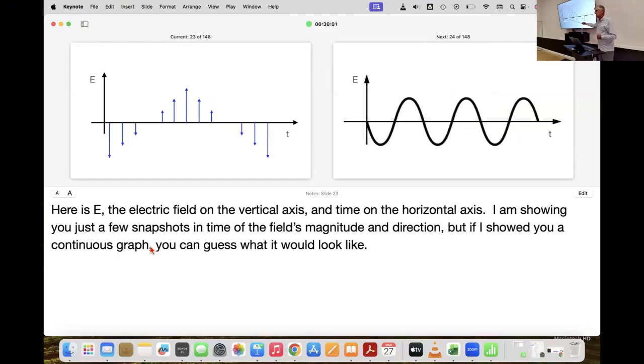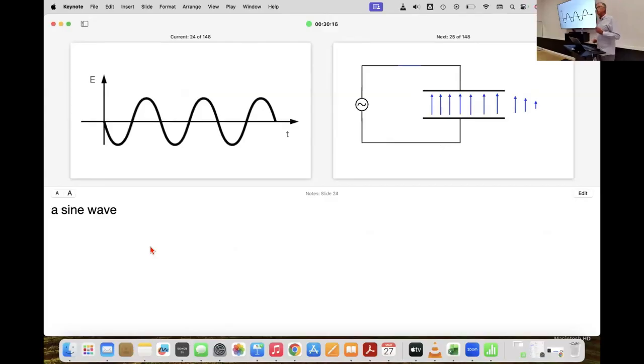So I'm just showing you snapshots in time, and you can see how the electric field varies over time. The y-axis is E, the strength of the field at that point. And so instead of showing you snapshots in time, if I showed you a continuous graph, it would be a sine wave. So here we go again with sine waves, right?